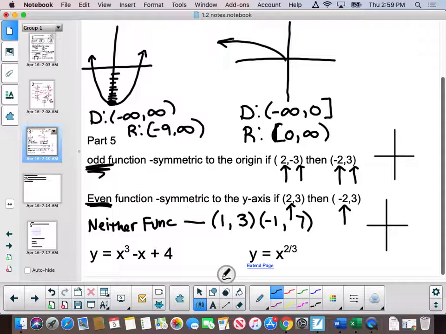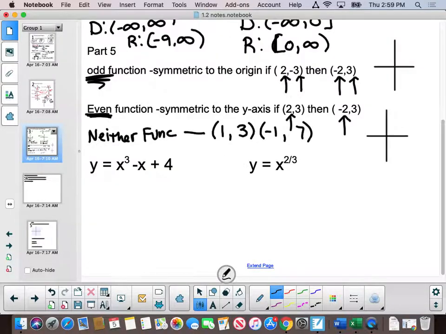So I'm going to show you this. Y equals x to the 3rd minus x plus 4, and let's check to see if it's an odd or an even function. Let's do 1 and -1. 1 take away 1 is 0, plus 4, you get 4.